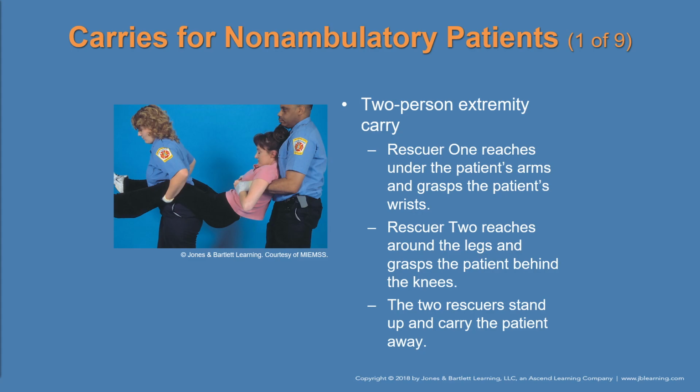You will sometimes come across patients who cannot walk themselves to the ambulance for a variety of reasons, whether that's medical or because they're traumatized, or they're just unable to move for some reason. In those cases, you're going to use these non-emergent, non-ambulatory carries. Again, all of this is assuming that you don't have access to a stretcher or a cot and that the patient needs to be moved.